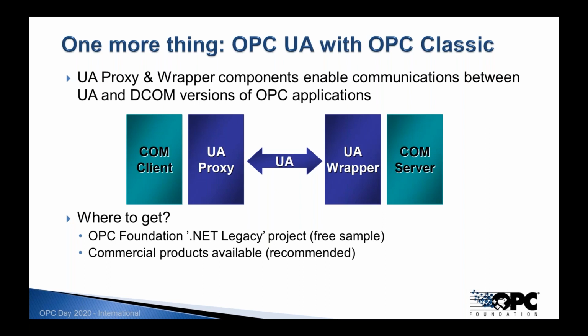And you can get these components from OPC Foundation's .NET Legacy project. There's a free sample available, but I would recommend still the commercial products that are available in the market, and you can do the study for this. There are good products from several companies available.